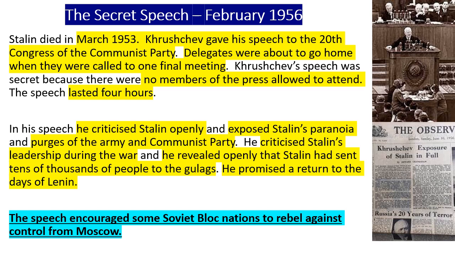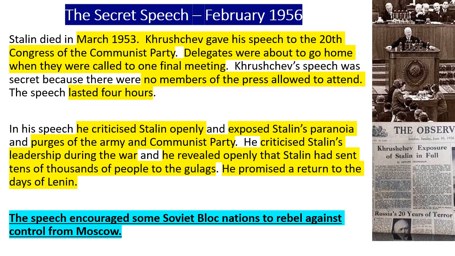Okay, he criticized Stalin's leadership in the Great Patriotic War, and the idea that Stalin had been popular because of cult of personality. Okay, and he promised that this was the end of it, and they were going to return the Soviet Union to the communism of Lenin, the highly revered leader of the revolution.